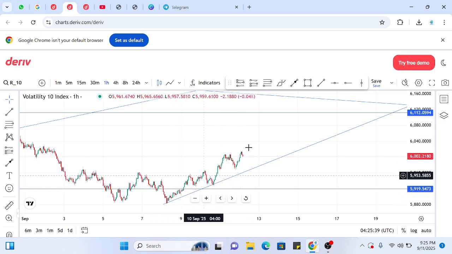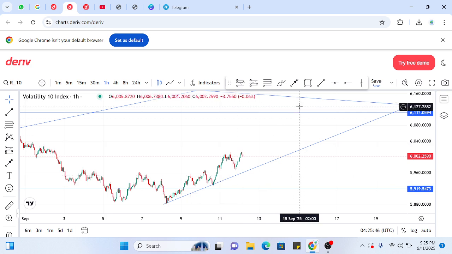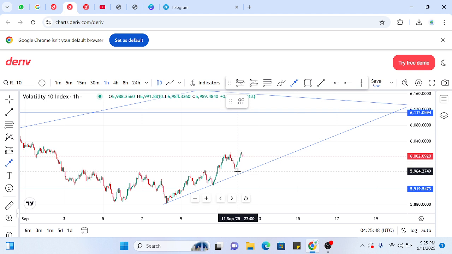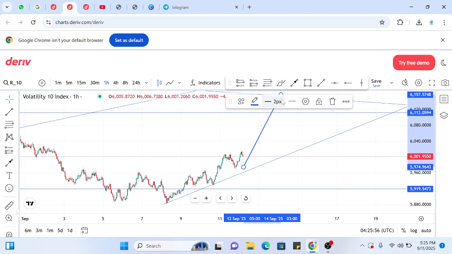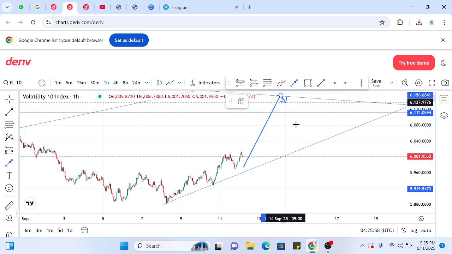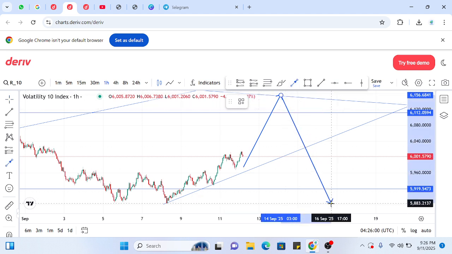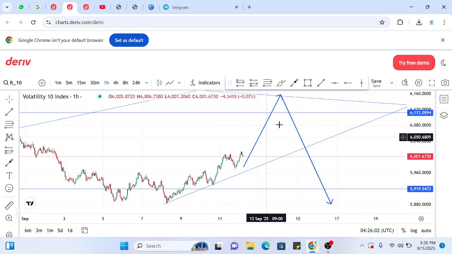But if it breaks this trend line from this point, I'm not looking at taking this trade with much interest. I would like to see price get into this good support level, or tap this trend line, and then from this point we can begin to expect a surge to the downside.